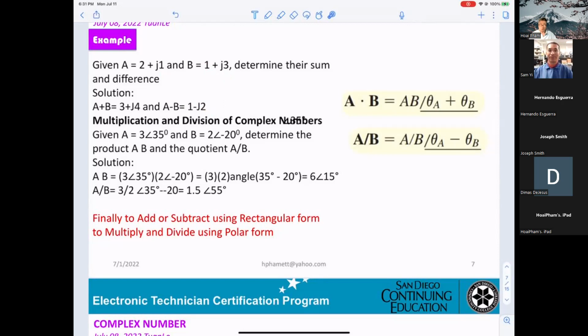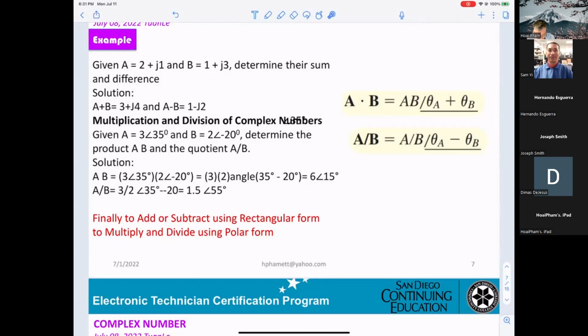Okay. The next one. Multiplication and division for the complex number. They give you an example: A is 3 angle 35 degrees and B is 2 angle minus 20 degrees.